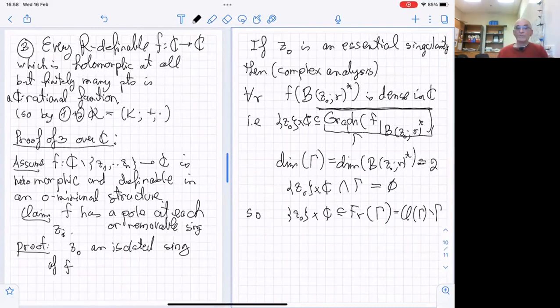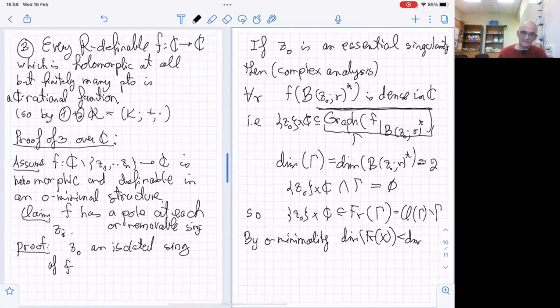But we know by o-minimality that the dimension of the frontier has to be smaller than the dimension of the set. By o-minimality, for every definable set X, the dimension of the frontier, the closure minus X, is smaller than the dimension of X for any definable X.